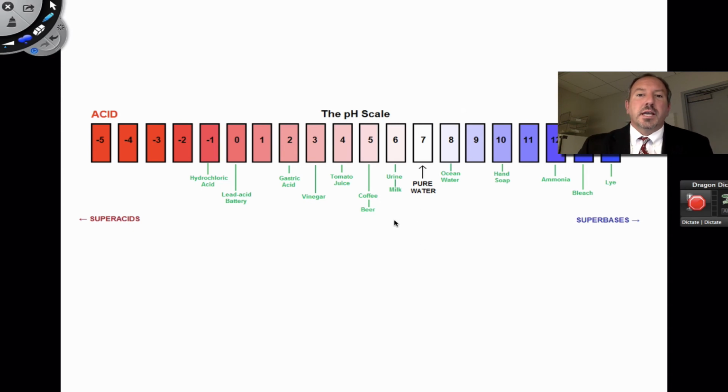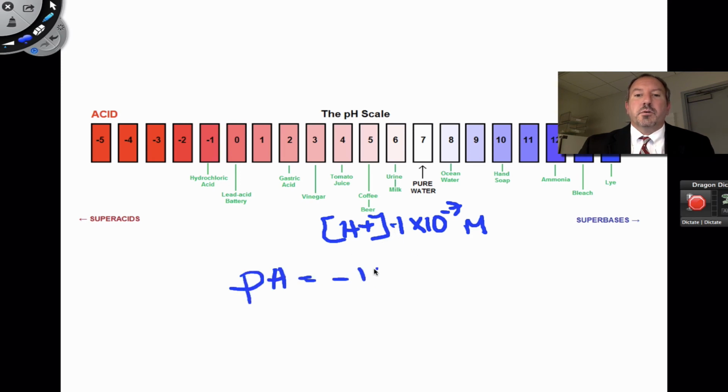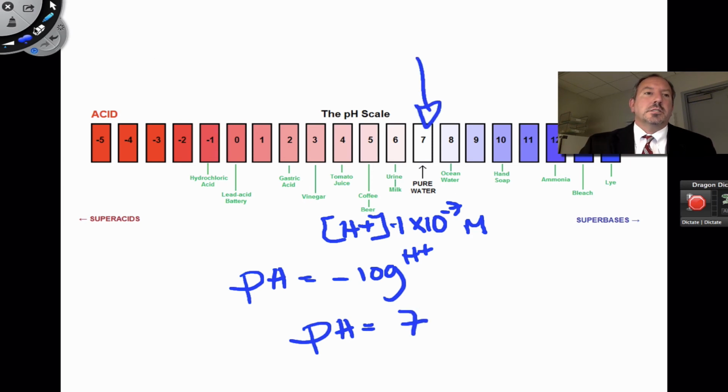Why 7? Again, because 7 comes from 1 times 10 to the negative 7 for the hydrogen ion concentration. If that's the hydrogen ion concentration, the pH would be the negative log of it, so you would just bring it down and say the pH is 7. And if the pH is 7, it's considered to be neutral.